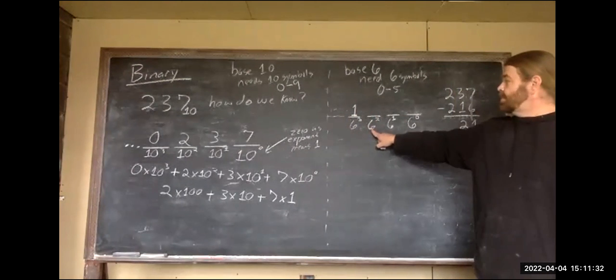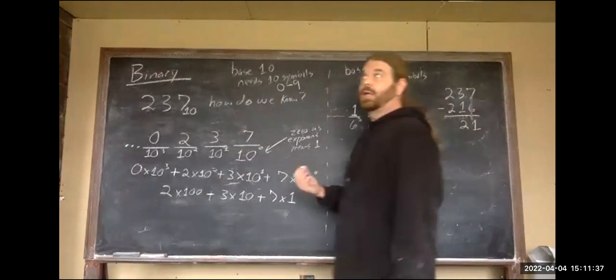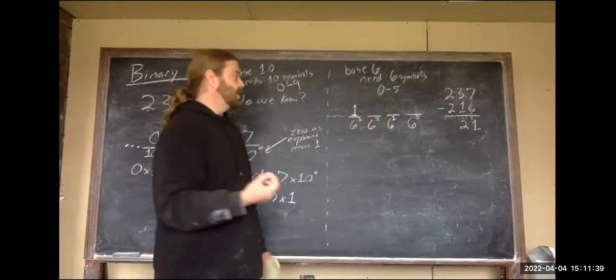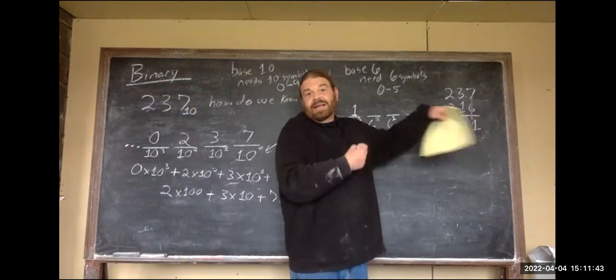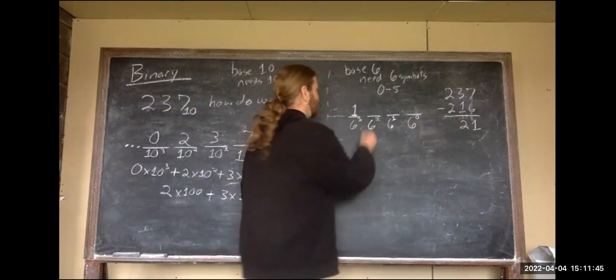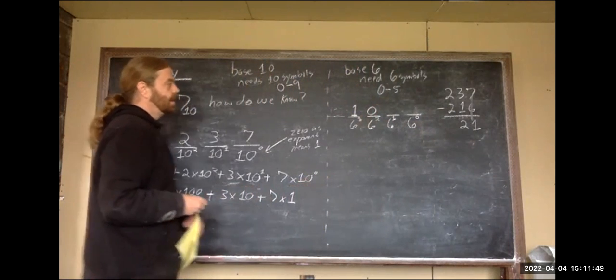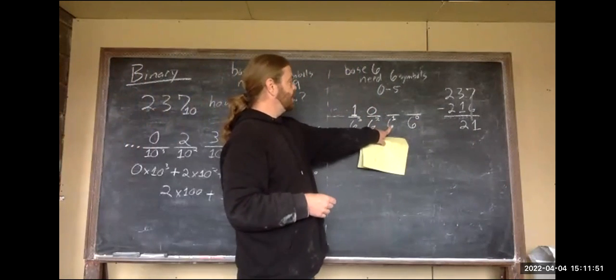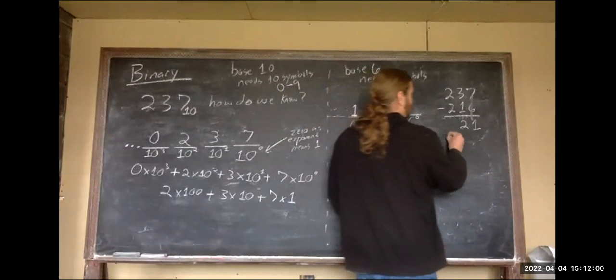Our next column would be a 6 squared, and that's 36. 36 would be too big to fit inside of 21, right? So we can't fit any 36s in there. What about 6s? Yeah, 6 to the first power can fit. We can fit about 3 in there. 6 plus 12, then add another 6, you get 18.